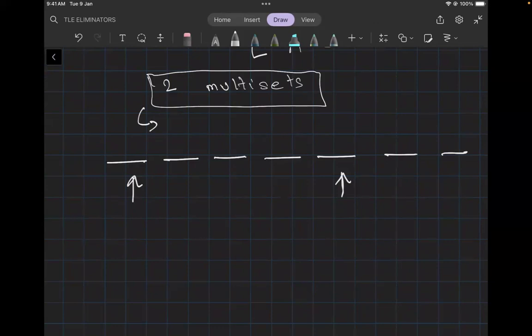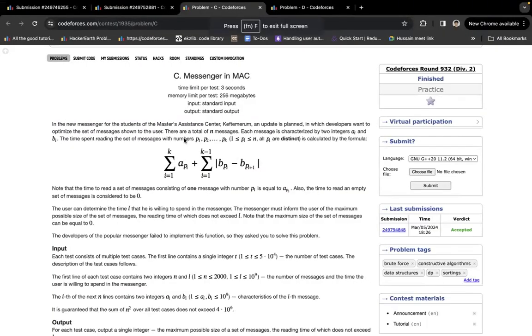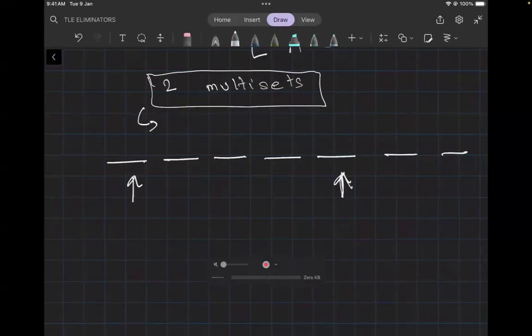One is the elements that you have taken right now. What are we told? We have to choose some indices. So whatever elements you choose, they are in a multiset called taken. And the elements that are not taken are in a set called not taken.